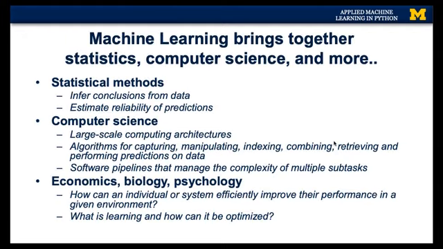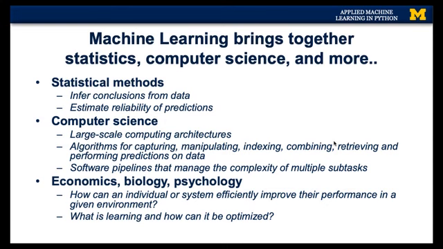Machine learning brings together statistics, computer science, and many other disciplines. From statistics, we are using statistical methods like inferring conclusions from data or estimating the reliability of predictions. From computer science, we are using large-scale computing architectures.